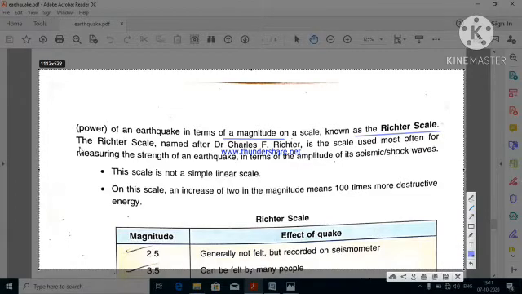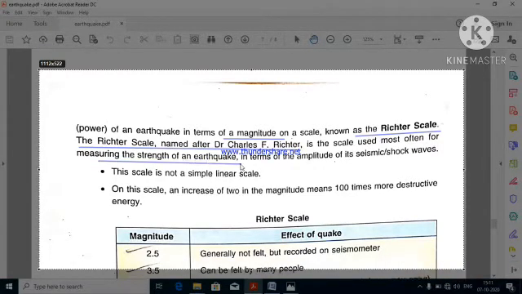This name comes after Dr. Charles F. Richter. It is the scale used most often for measuring the strength of an earthquake in terms of the amplitude of the seismic or shock waves. This scale is not a simple scale.